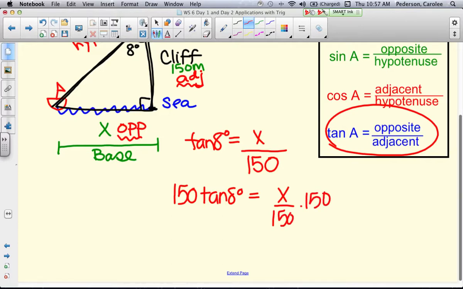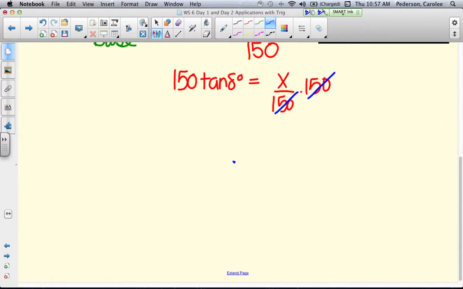And what happens is these 150s are going to cancel out. And then you have your x alone. And now we're going to use the calculator. Make sure you are in degree mode.